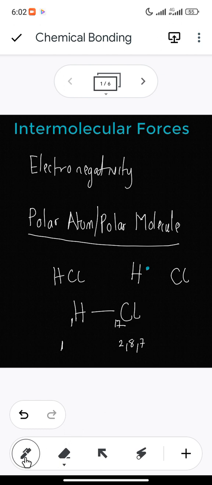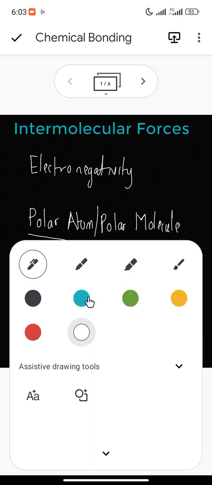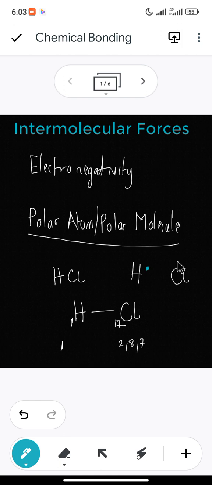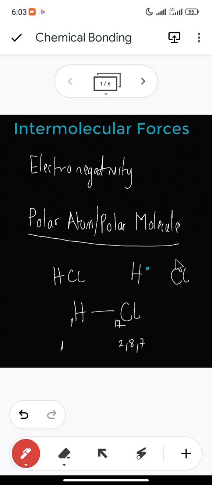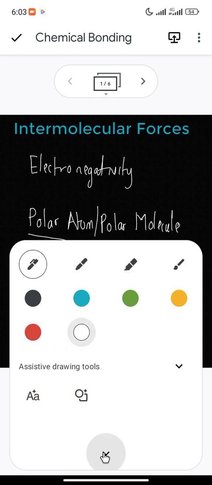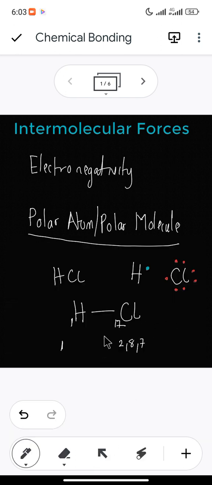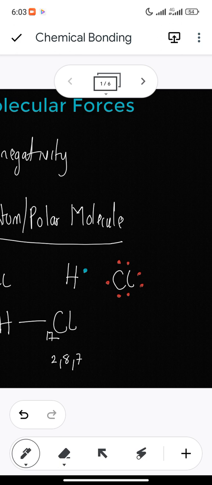So I have 1, 2, 3, 4, 5, 6, 7. Both of them are going to donate 1 electron each, so that they can have a complete octet structure. So we're going to have hydrogen, chlorine.